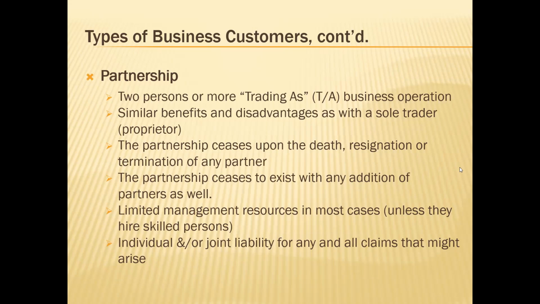Those are also partnerships, but they fall more under the corporation or company category because they are incorporated. So this partnership is kind of a loose partnership, with two or more persons trading as whatever it is.